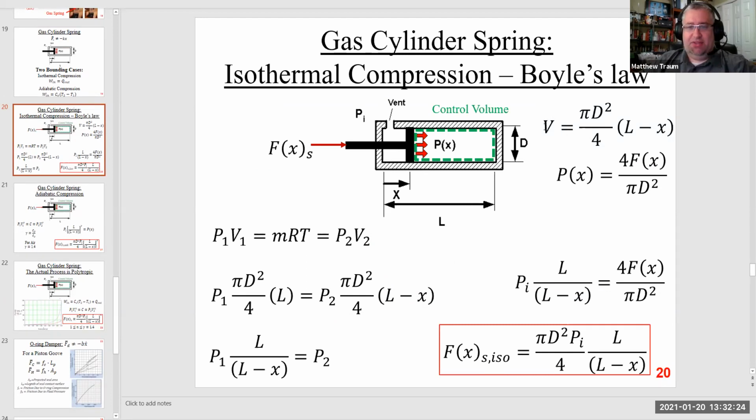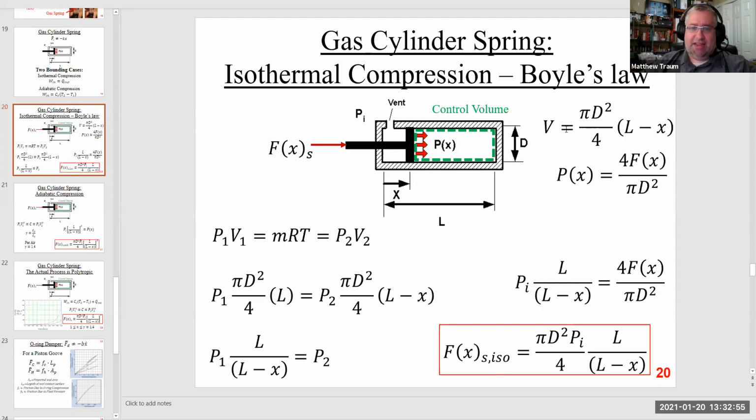One is that the volume of the gas is the cross-sectional area of the piston, pi d squared over 4, multiplied by the piston displacement. The entire cylinder has a length L, and the region that's still gas to be compressed by the piston is L minus X, where the piston displacement is X.